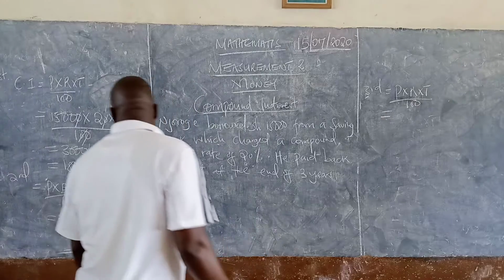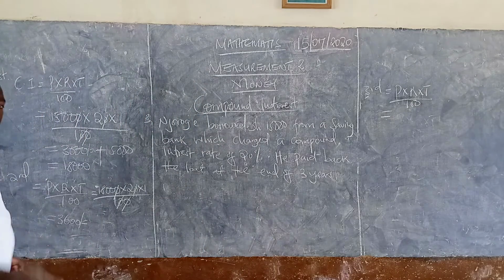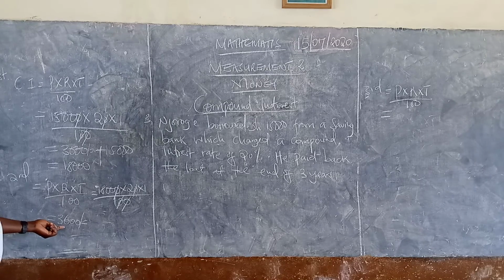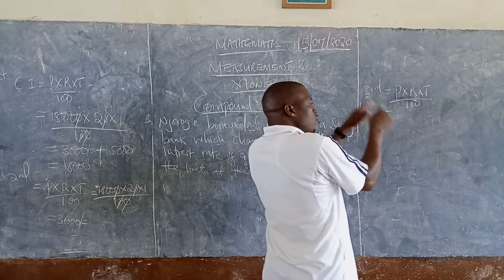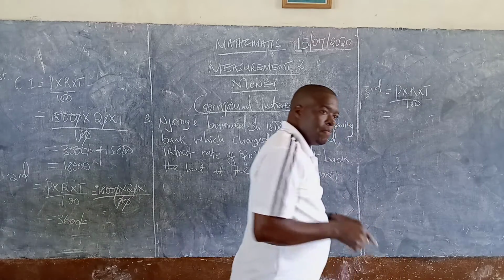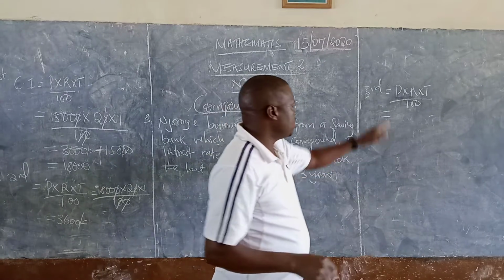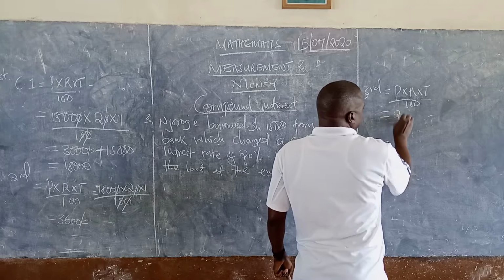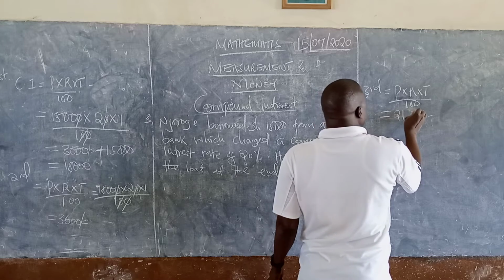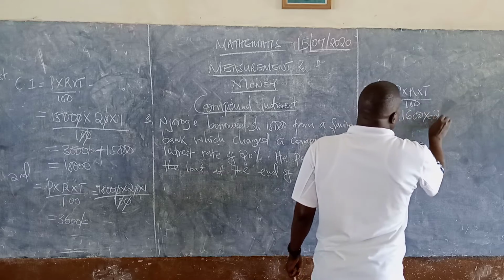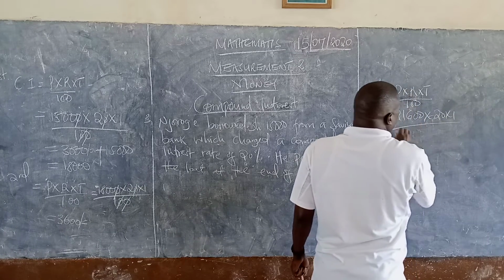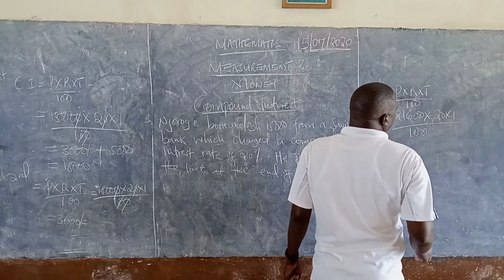We are going to take 18,000 plus 3,600, and that is 21,600. So our new principal at the beginning of the third year is 21,600. We multiply by the rate, which is 20, the time is 1, over 100.